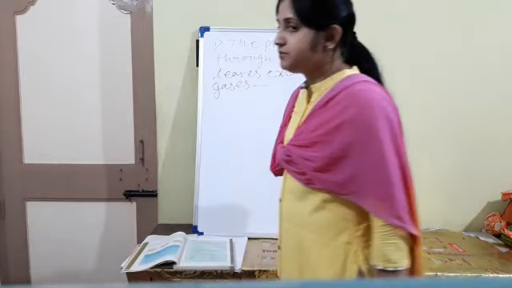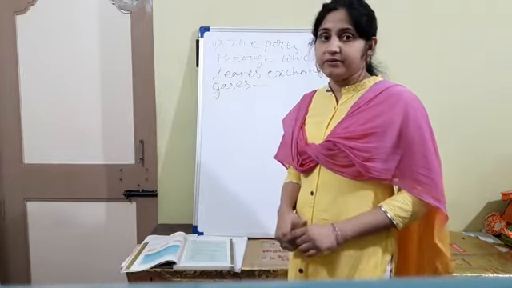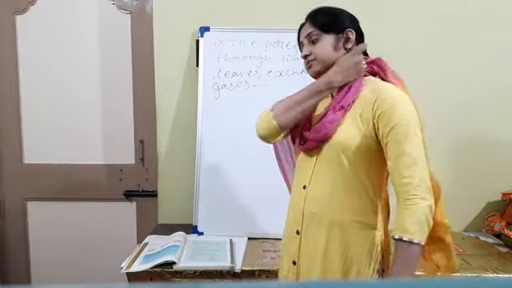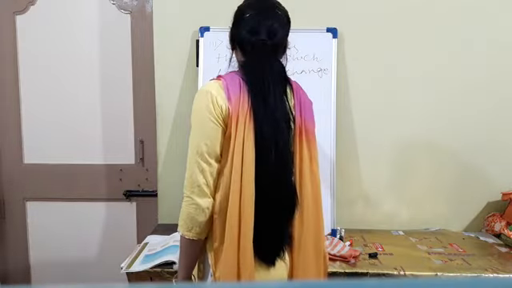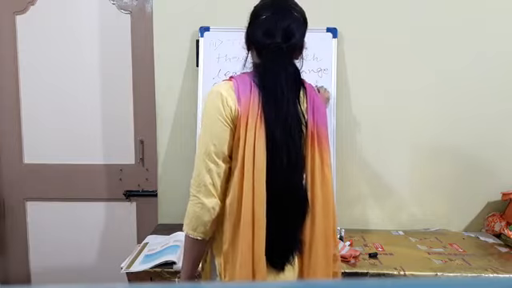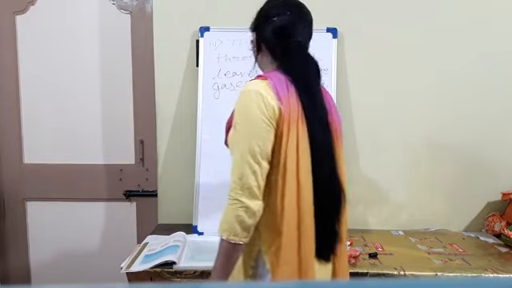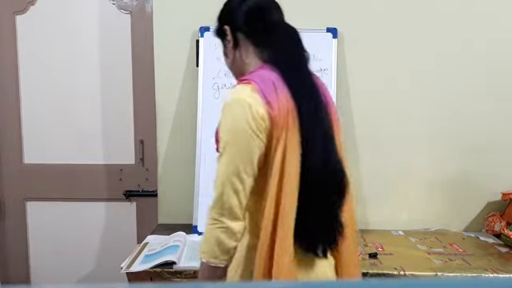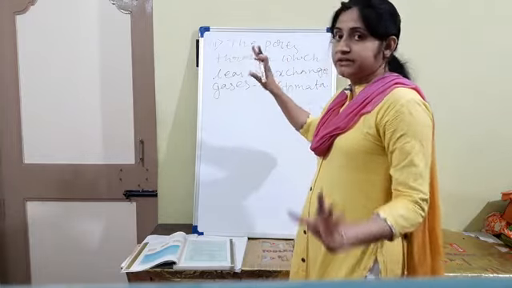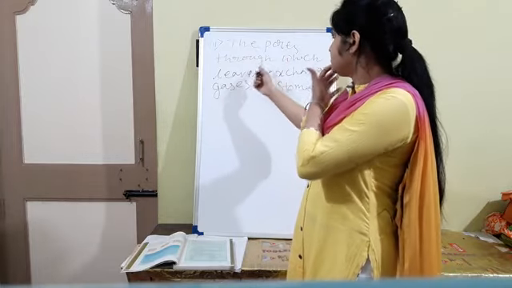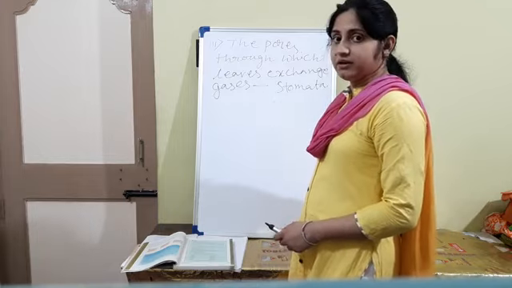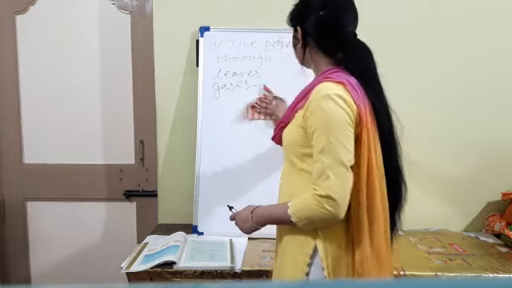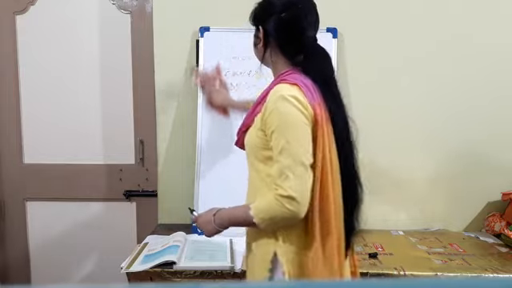So small pores are present on the surface of the leaf that help to exchange gases. They are called stomata. So this question is completed. Question number 7: the pores through which leaves exchange gases are called stomata. Okay. Now move to question number 8.